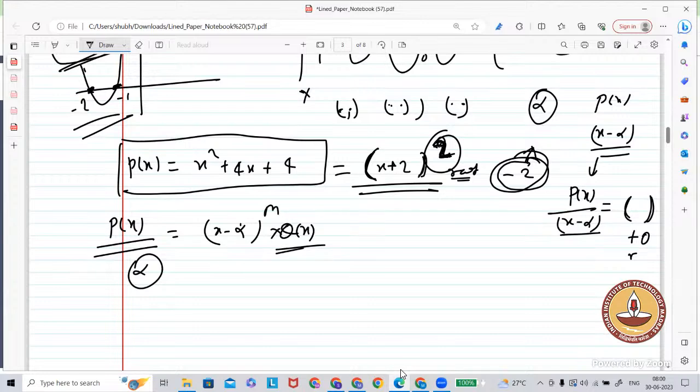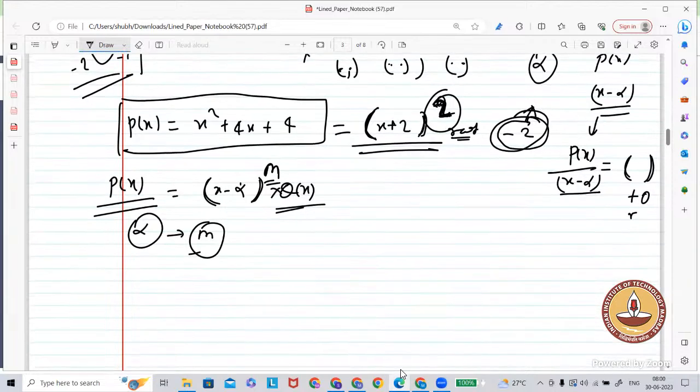In that case, the multiplicity of alpha is actually m. The multiplicity of a root means how many times P(x) becomes 0 because of alpha. This number is called the multiplicity of a root.